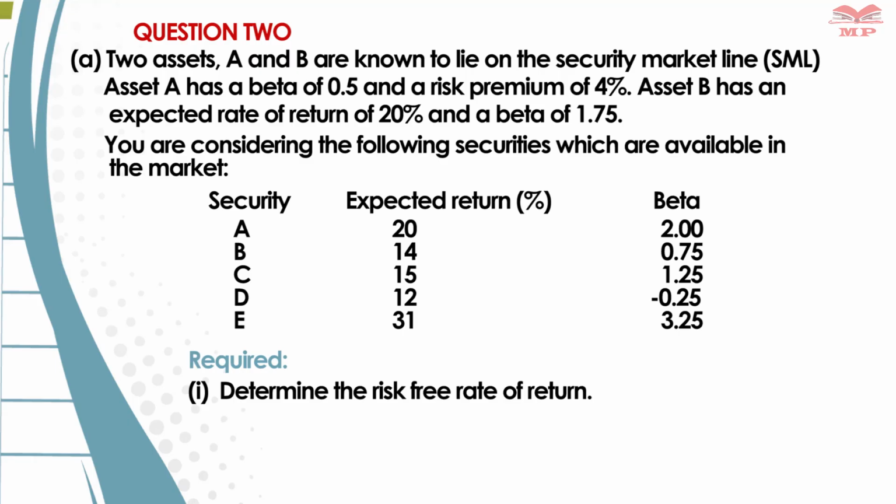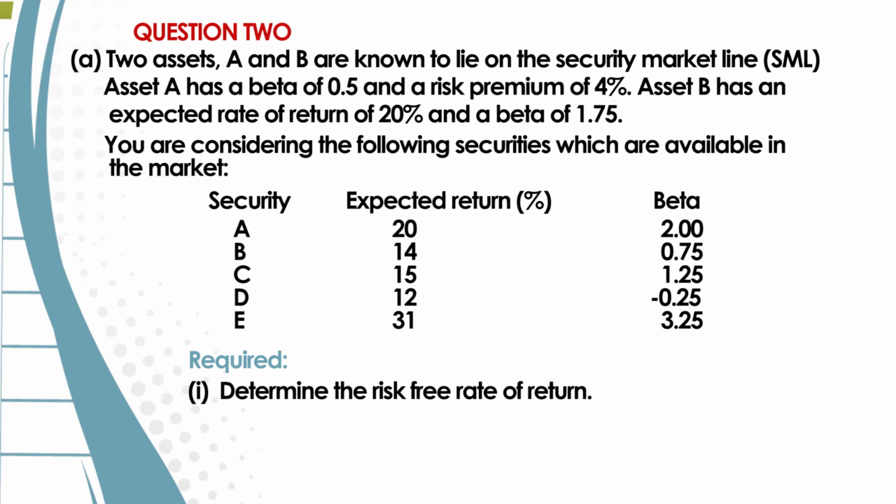In the first sentence, we have asset B has an expected rate of return of 20% and a beta of 1.75. The expected rate of return is 20% and the beta is 1.75.